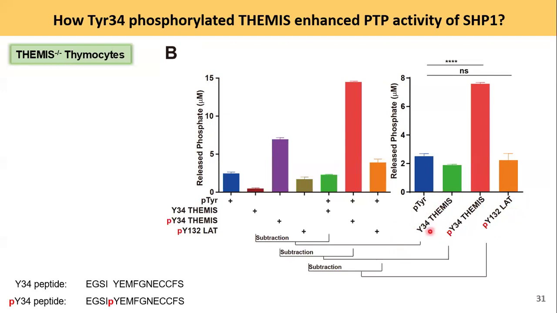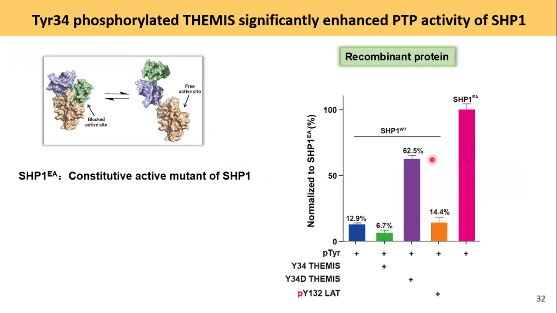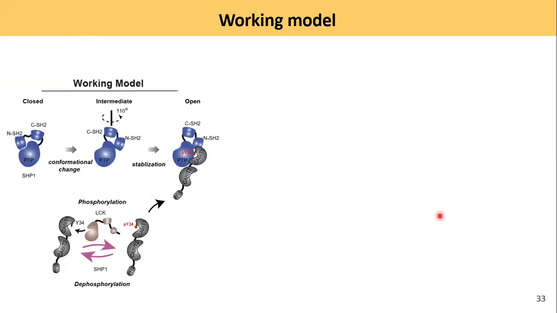The Y34 CMIS peptide upon unphosphorylation also cannot be used as a phosphatase activator. And when we make a Y34D mutation on this peptide to mimic the phosphorylation, it can also enhance the phosphatase activities. Both data suggest this tyrosine phosphorylation is important to activate SHP1's activity.